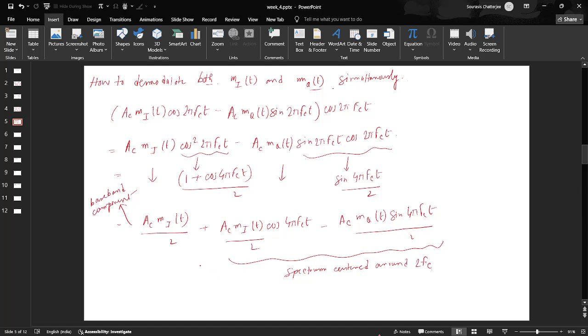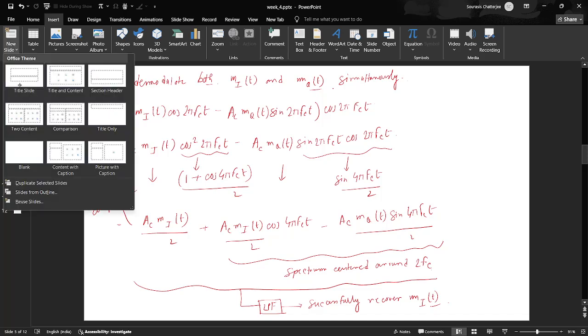So if I pass the whole thing through a low pass filter, I successfully recover MI(t). So that is about the in phase signal.